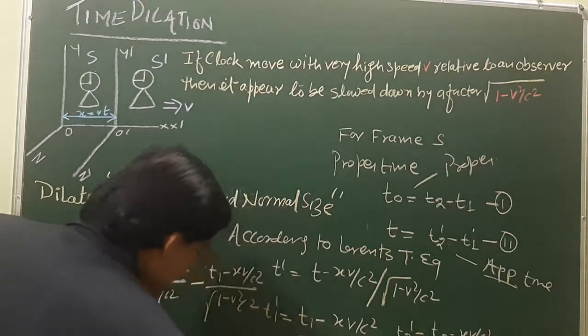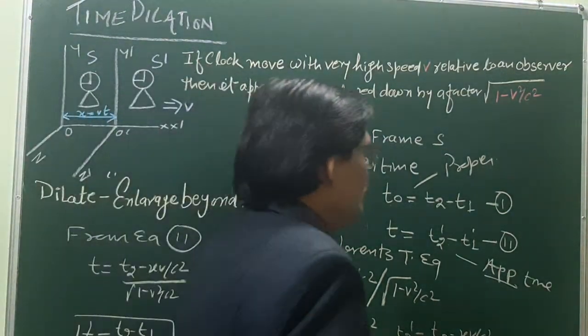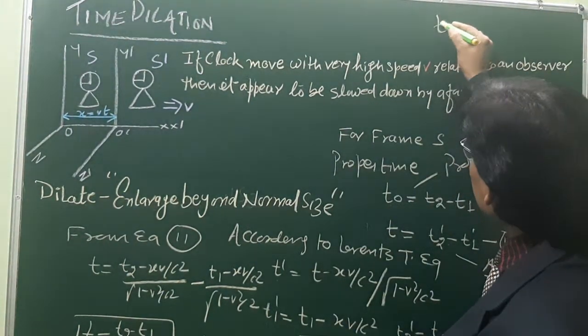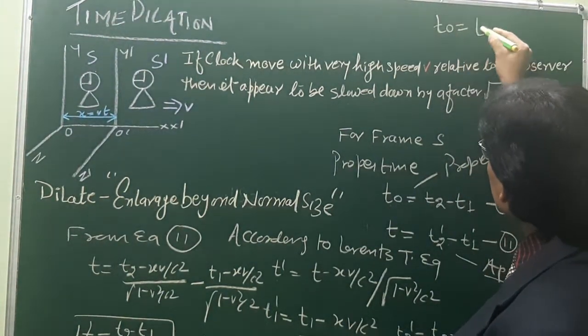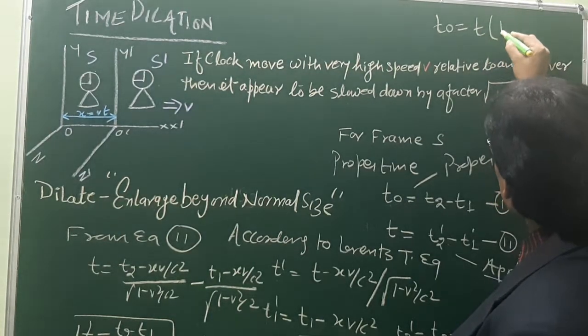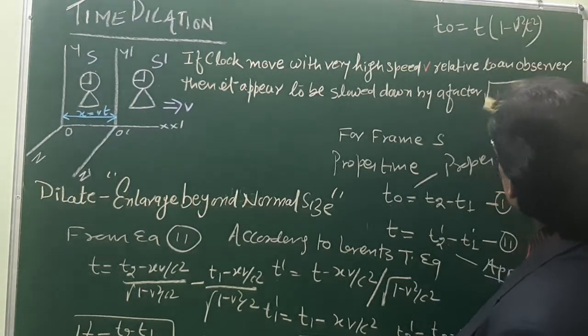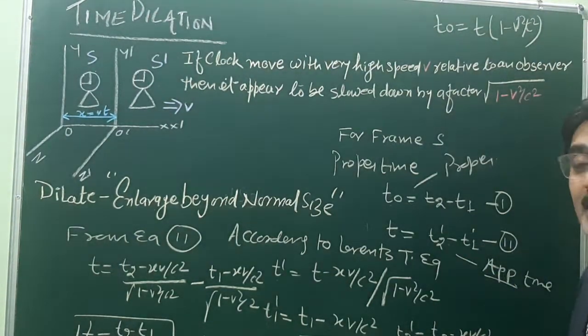So this is our solution. What is the solution? t naught is equal to t into under root 1 minus v square upon c square. This is the simple formula of time dilation.